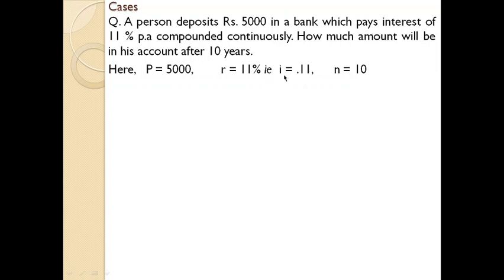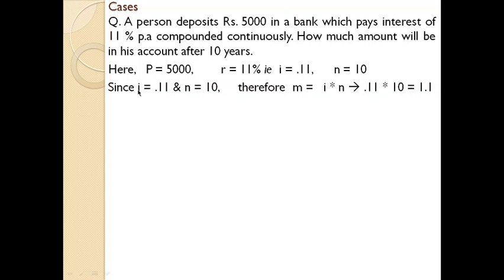So remember, I equals 0.11. In the continuous compounding case, you need to represent R and I like this. And finally, N is the time taken. N is 10 years. So here I is 0.11 and N is 10.